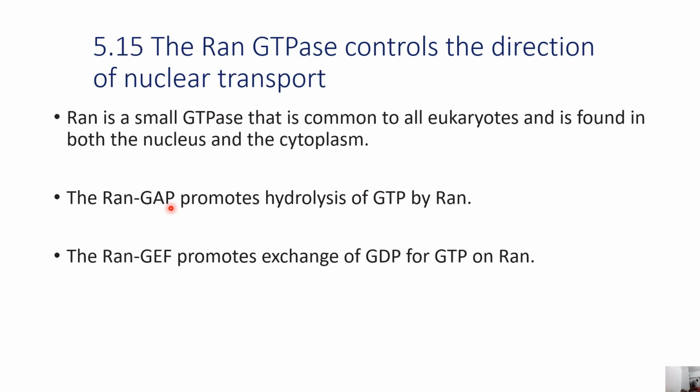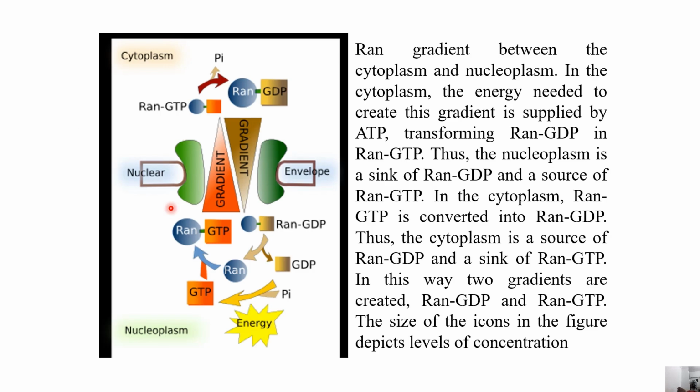Now, Ran is a small GTPase that is common in all eukaryotes and is found in both the cytoplasm and the nucleus. Ran GAP promotes hydrolysis of GTP by Ran. Ran GEF promotes exchange of GDP for GTP on Ran. A Ran gradient exists between the cytoplasm and the nucleoplasm.